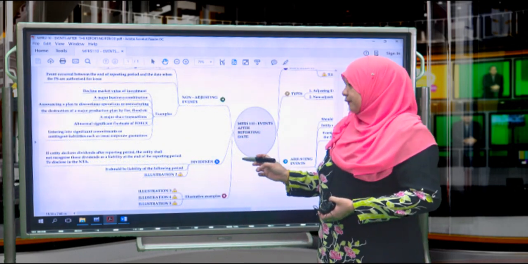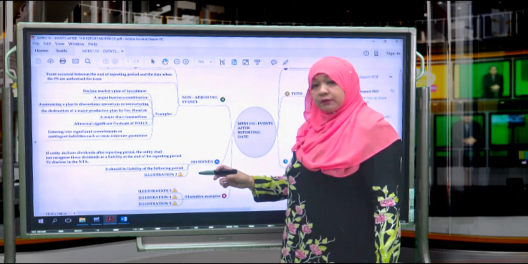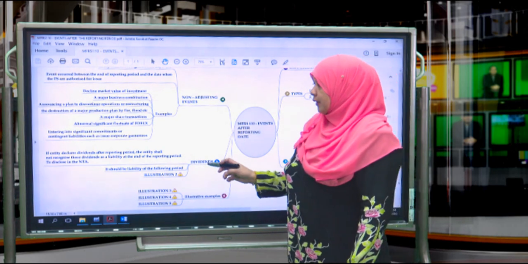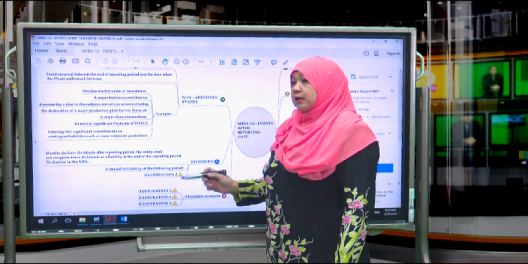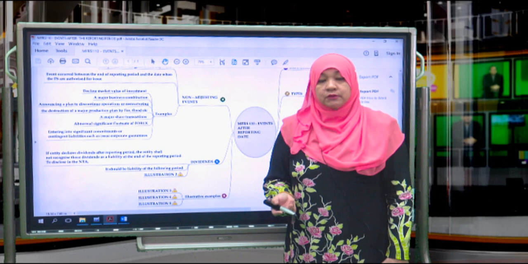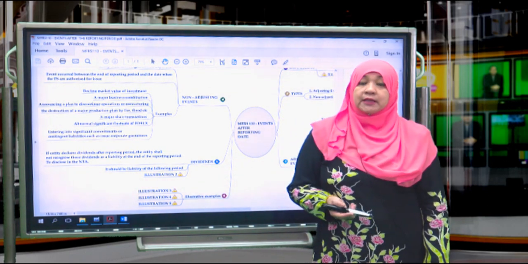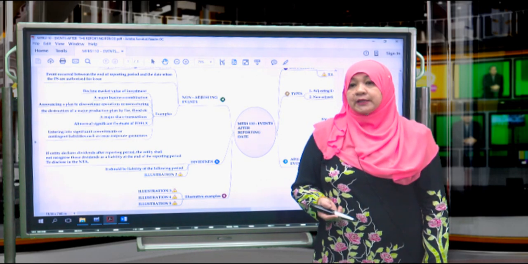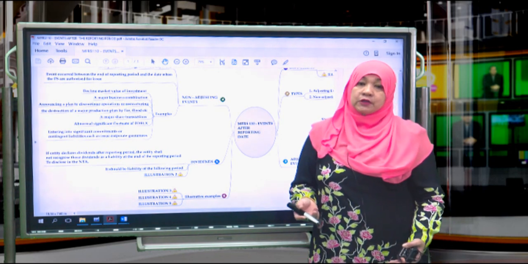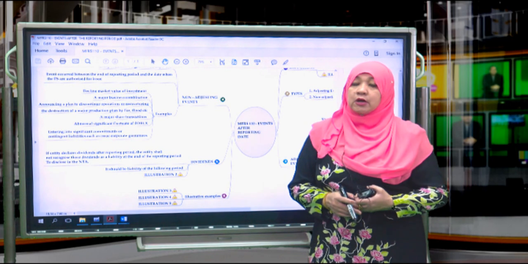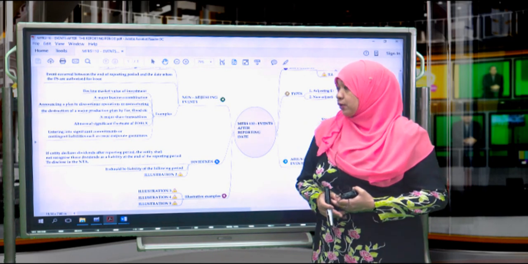Now the next type of event we can have is about dividends. When it relates to dividend, like I mentioned just now, normally the company will declare dividend after determining the profit of the company. If the company gains profit, most likely the company will declare dividend to the shareholders.